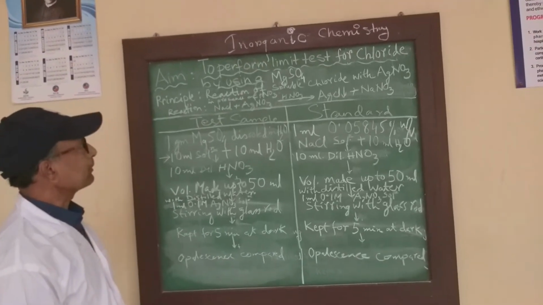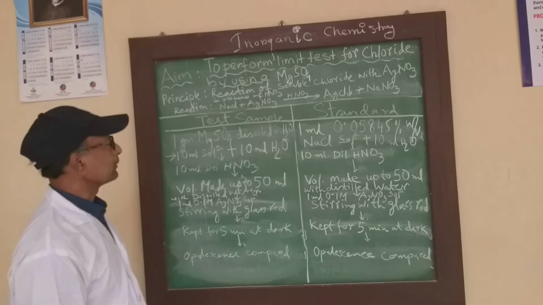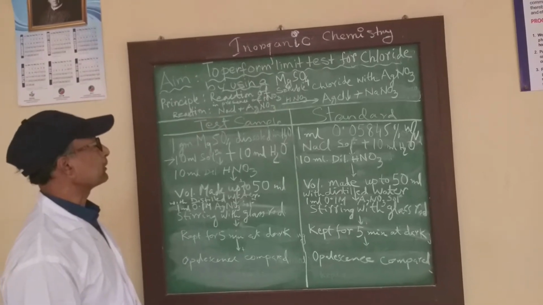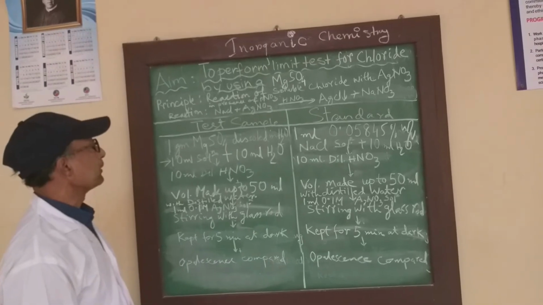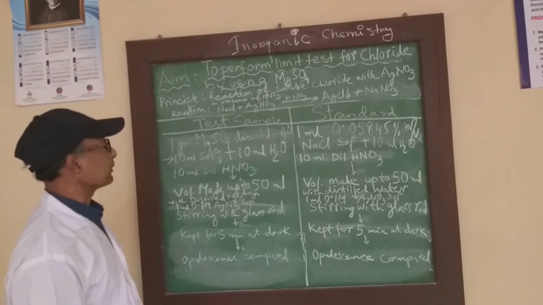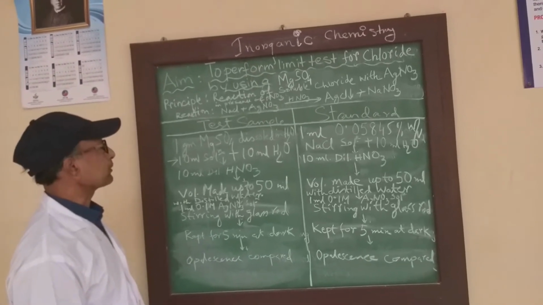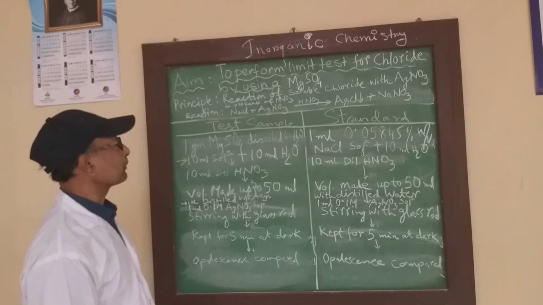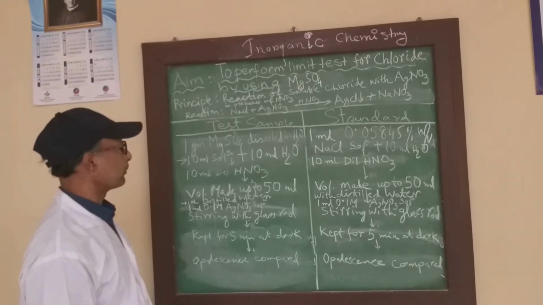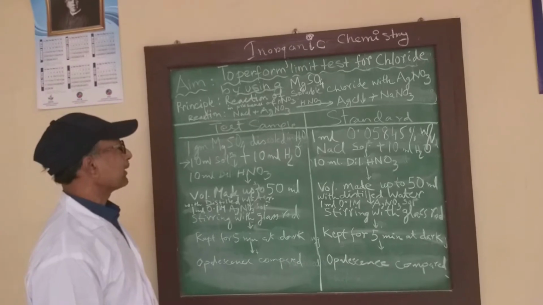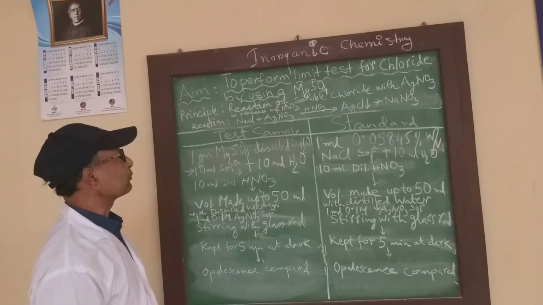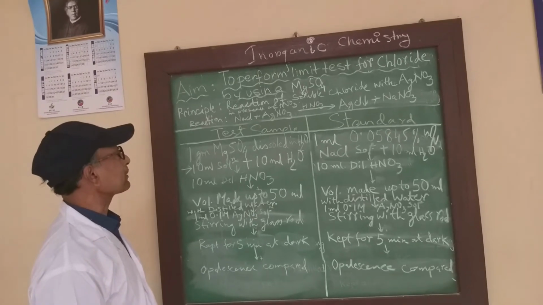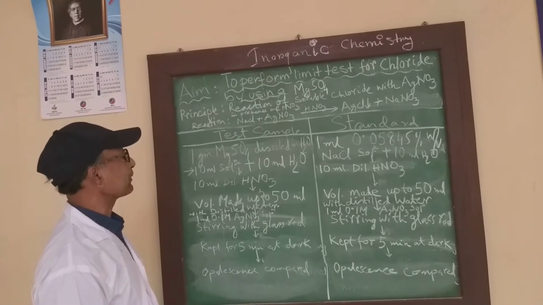Now we measure the turbidity of the silver chloride, which is a white precipitate of very small particle size, giving opalescence, and we measure the extent of opalescence. The extent of opalescence depends on the amount of silver chloride precipitate formed. Again, the amount of silver chloride depends on the amount of chloride present in the test substance, that is magnesium sulfate.